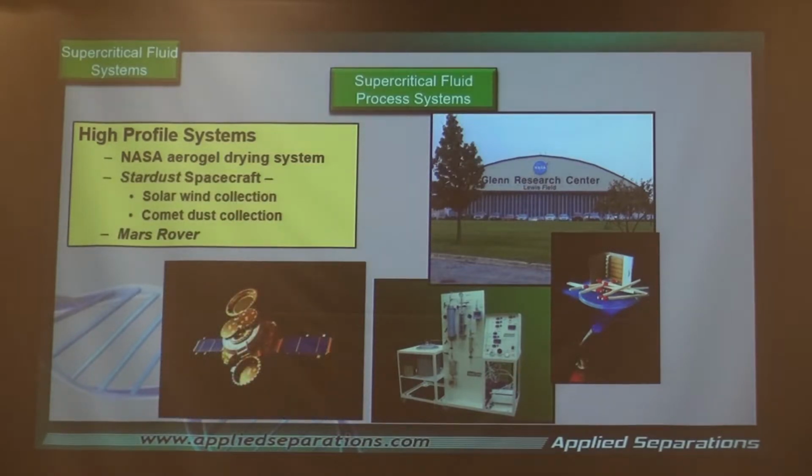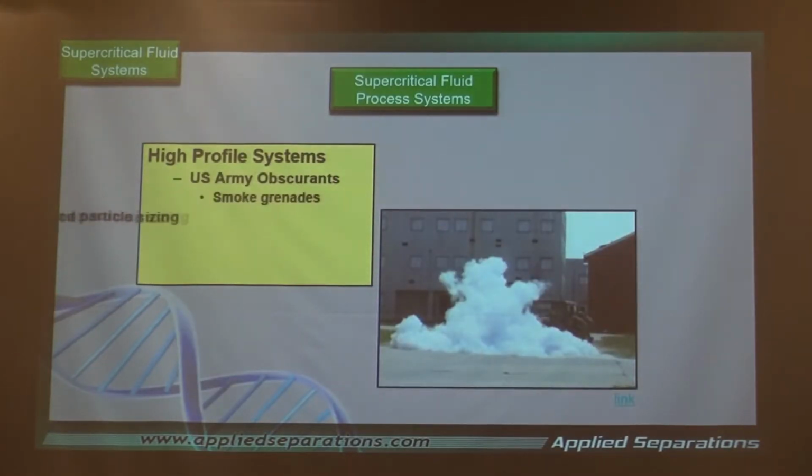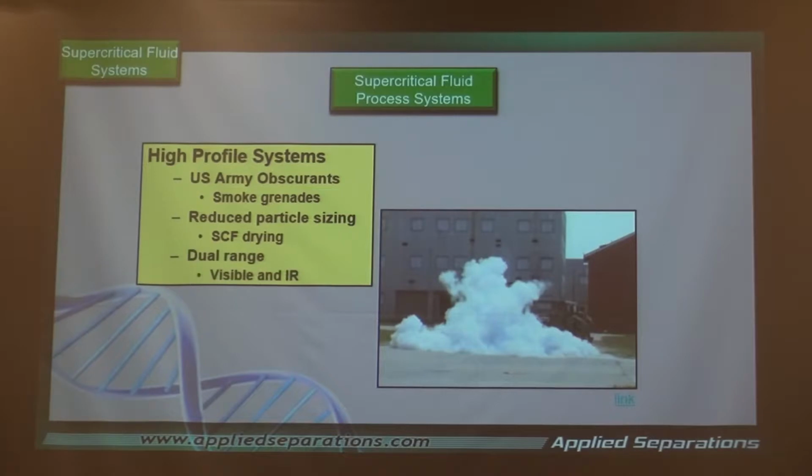A couple of areas where our technology is being used. In addition, there are military applications. We've been involved with the US military in what we call obscurants. Instead of having the individual particles fall together and agglomerate, with supercritical processing you can keep these particles from agglomerating. They will then be dispersed and don't fall to Earth as quickly.